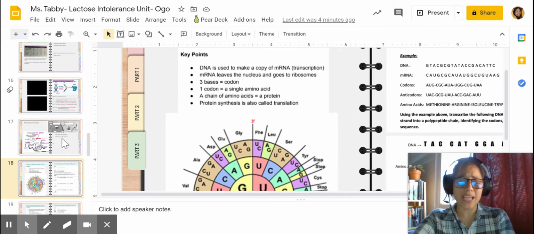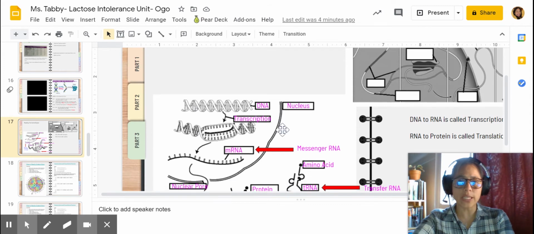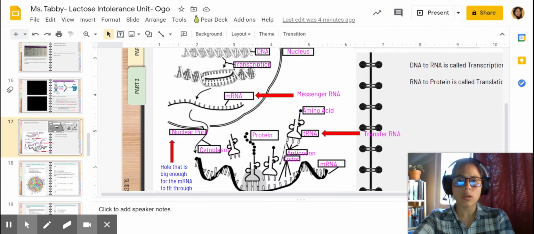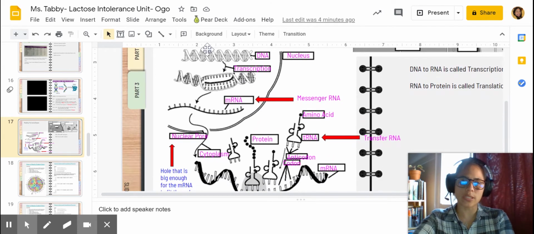To double back, yesterday we went over in your slide 17, we labeled all of the different parts of transcription all the way through translation. And just to recap, just like I just stated, DNA is right here inside the middle of the nucleus.